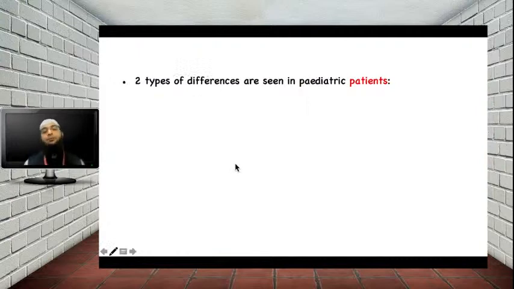Now let's see what are the different types of differences which are seen in pediatric patients. Even in the case of geriatric patients, who are elderly, we have seen that there are two important differences that matter and that are going to affect the pharmacotherapy. The first difference is the pharmacokinetic difference.